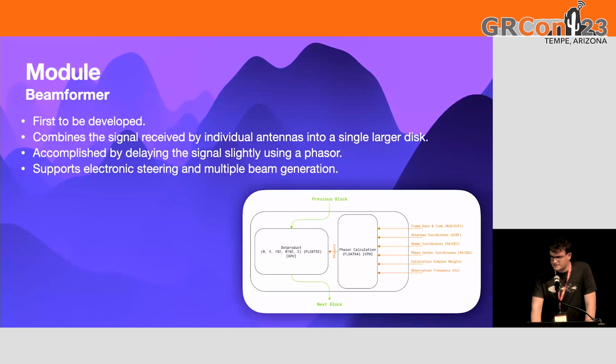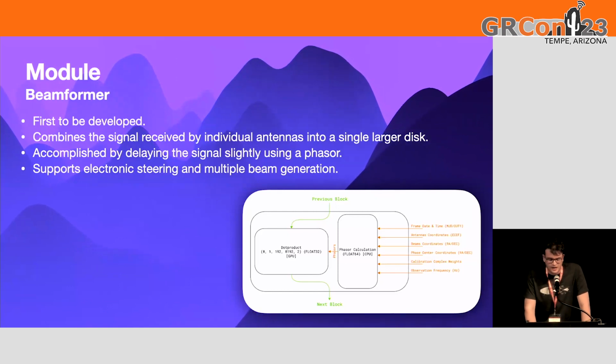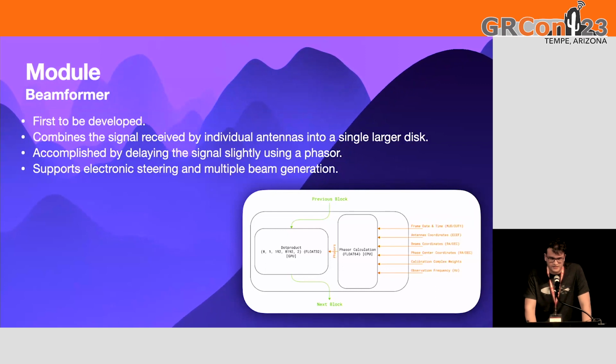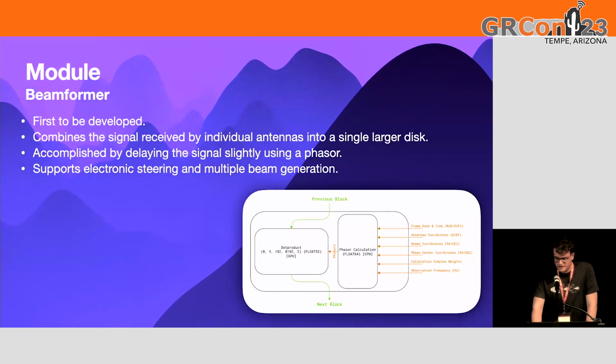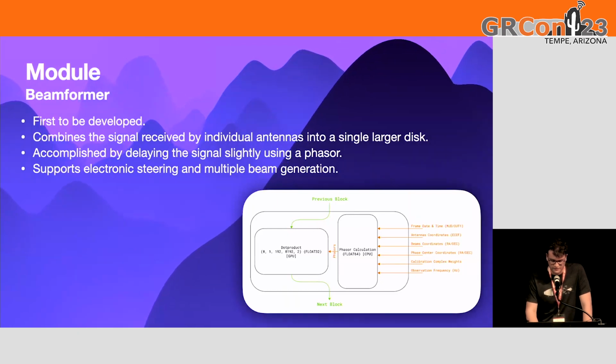The phaser will take time parameters like the Julian time and sidereal time, and where the position of the object is, and will spit out the right phasors for the beamformer to be multiplied with.